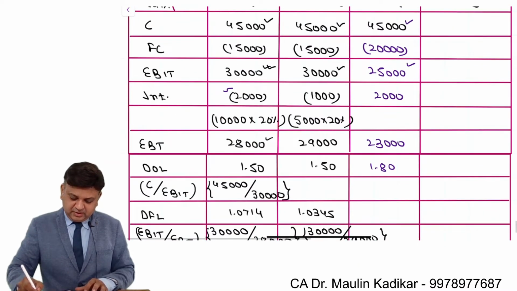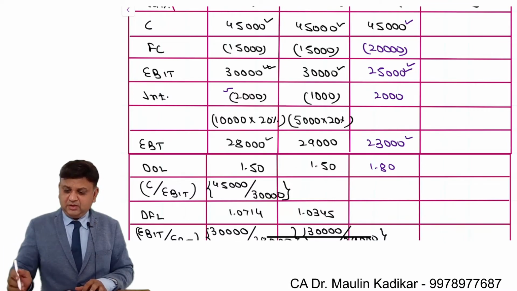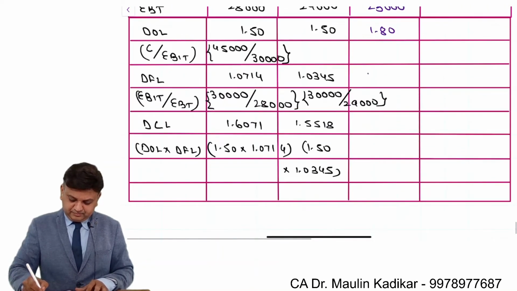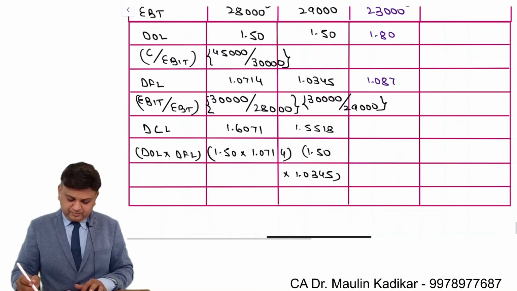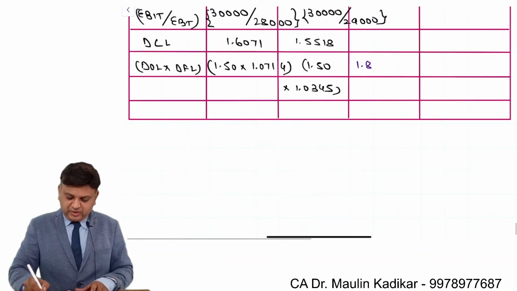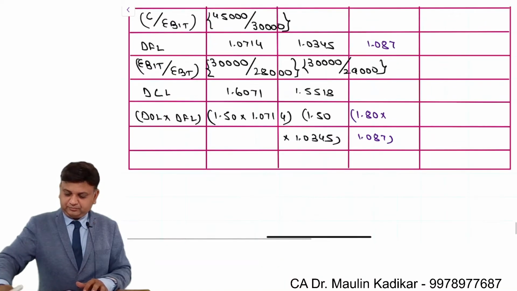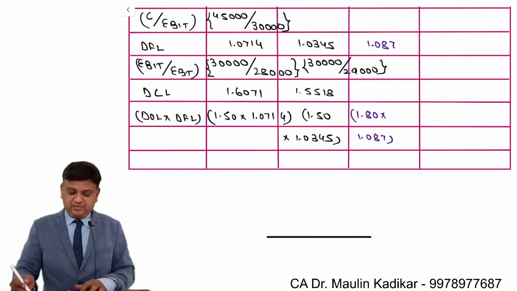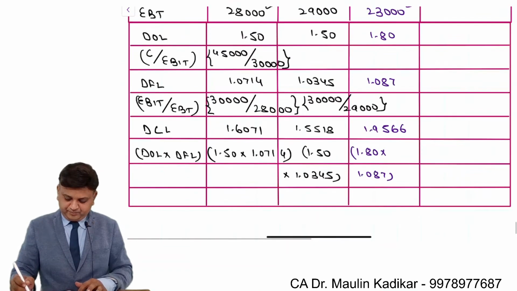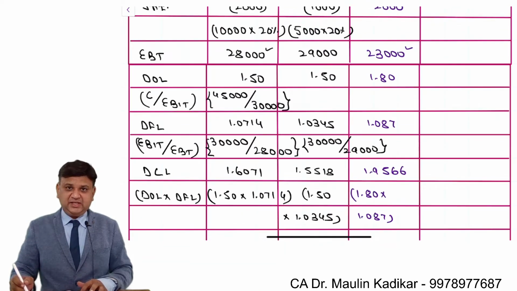DFL will be EBIT upon EBT, that is 25 upon 23, 1.0869, that is 1.087. Degree of combined leverage will be multiplication of both of them, 1.80 into 1.087, that is 1.9566. This is the way we compute the DCL.